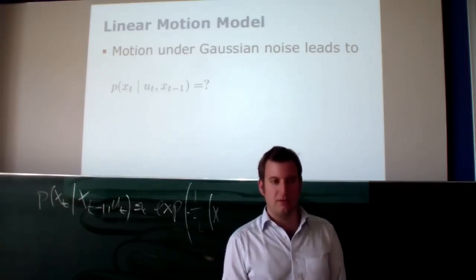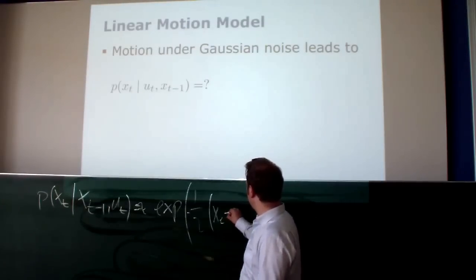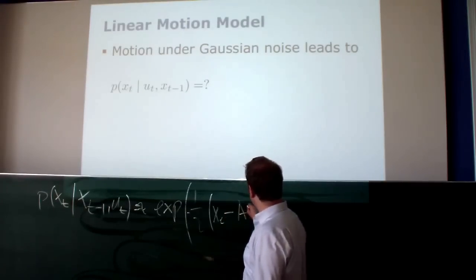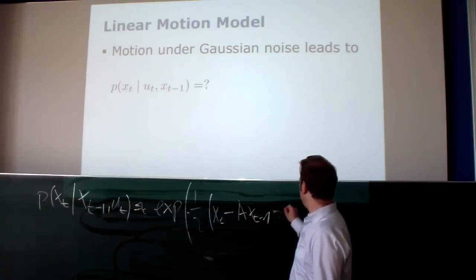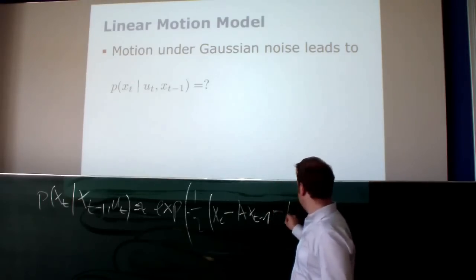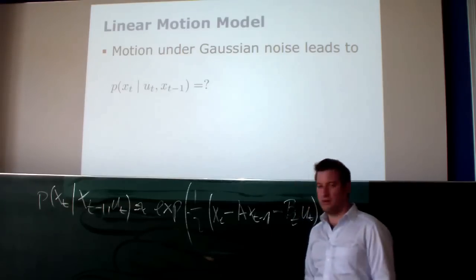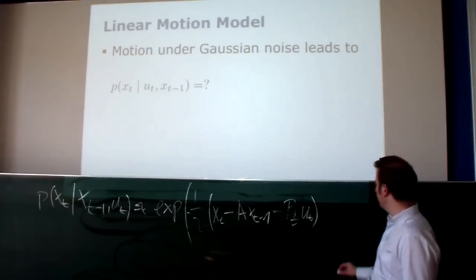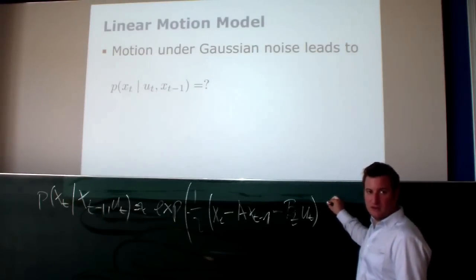We should put your x minus a x. Exactly, so this xt minus A times xt minus 1, and the controller, so minus Bt ut, and divided by covariance, I think. Yeah. So which matrix needs to go in here?